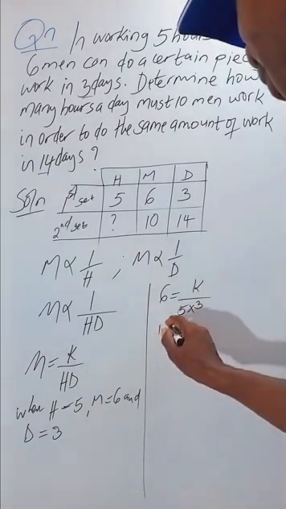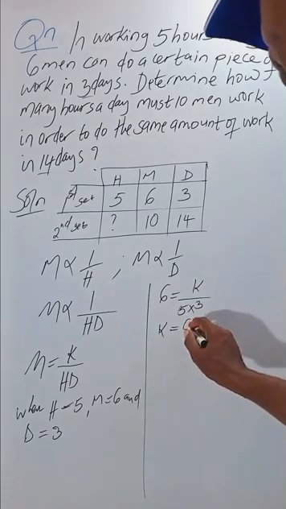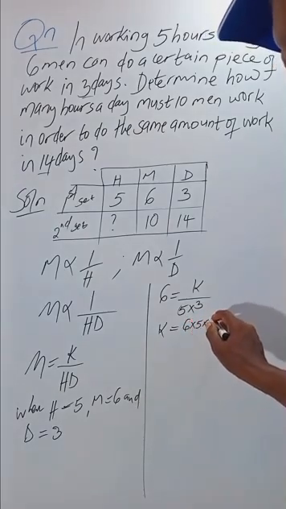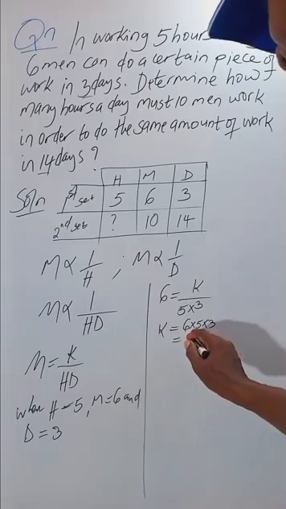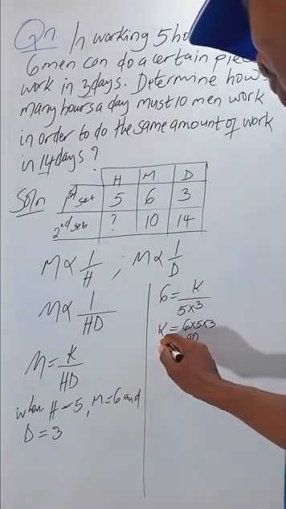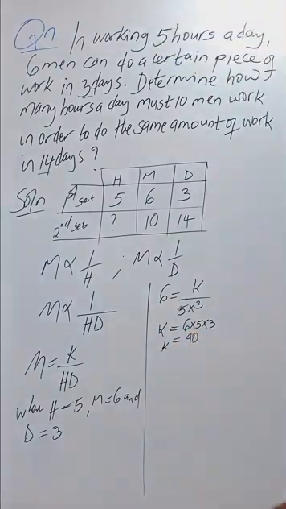If you make K the subject, then you get K is equal to 6 times 5 times 3. 15 times 6, this is 90. So we get our K to be equal to 90.